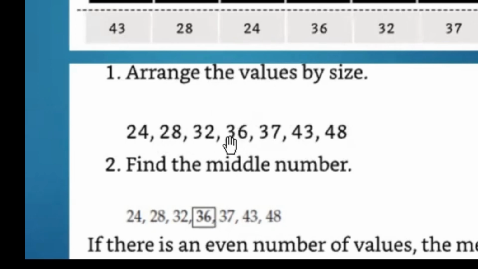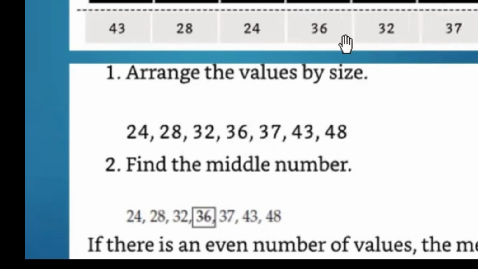And that just means the number that's right in the middle of all your other numbers, okay? But it has to be in order. In this example, 36 is right in the middle, but let's say it wasn't, okay?